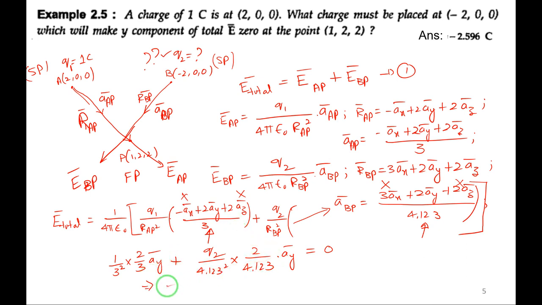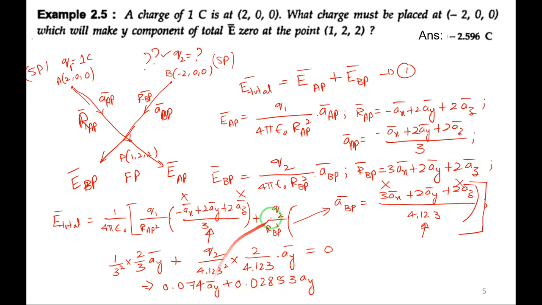So I am writing 0.074, plus Q2 we don't know, 2 divided by 4.123 whole cube. So what I am getting, I will write 0.02853.